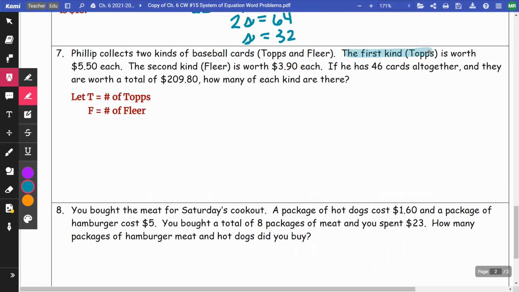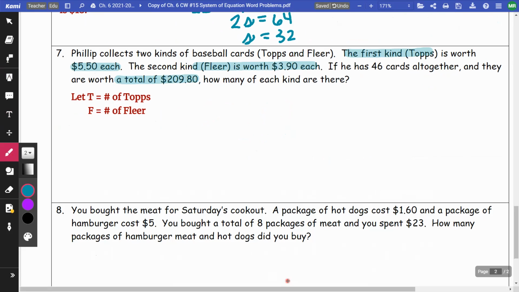The tops is worth $5.50 each. Flare is worth $3.90 each. And he has a total of $209.80. So I am going to write 5.5T plus 3.90F is equal to 209.80.